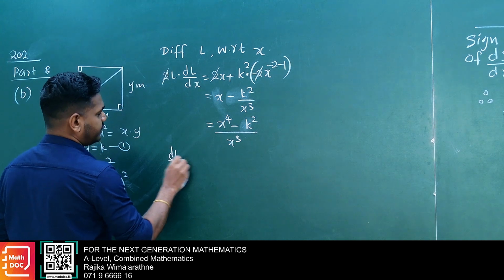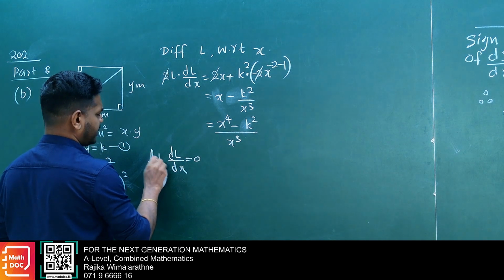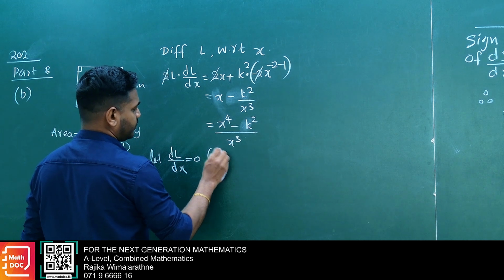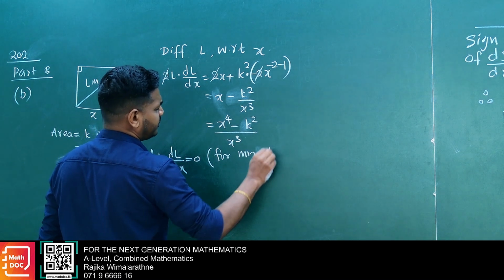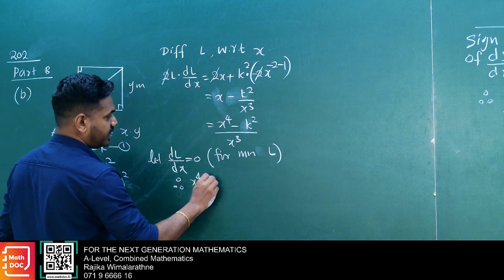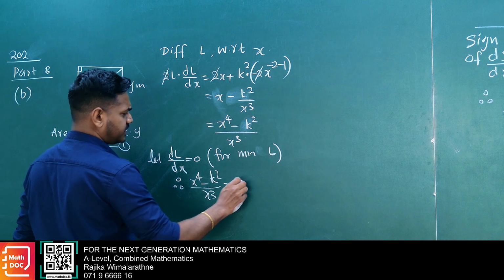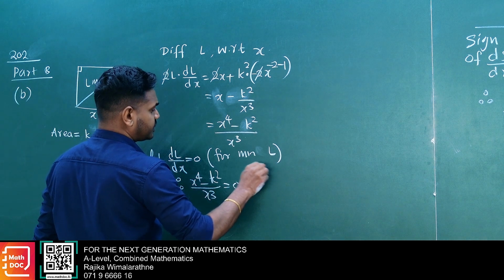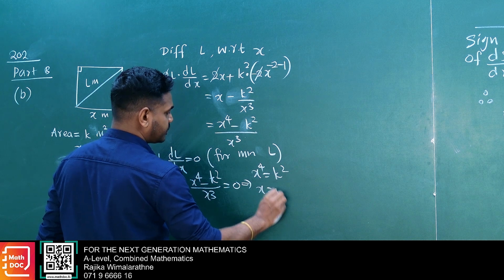Now take dL divided by dx equal to 0 for minimum L. Therefore, x to the power 4 minus k squared over x cubed equals 0. Then solve this: x to the power 4 equals k squared, so x equals square root k.